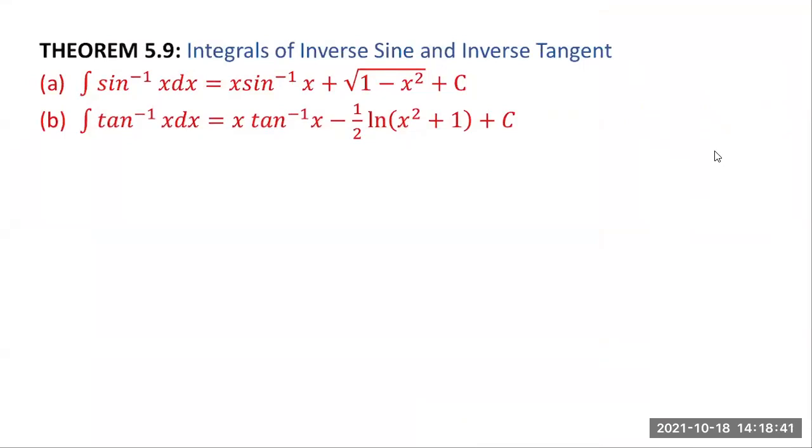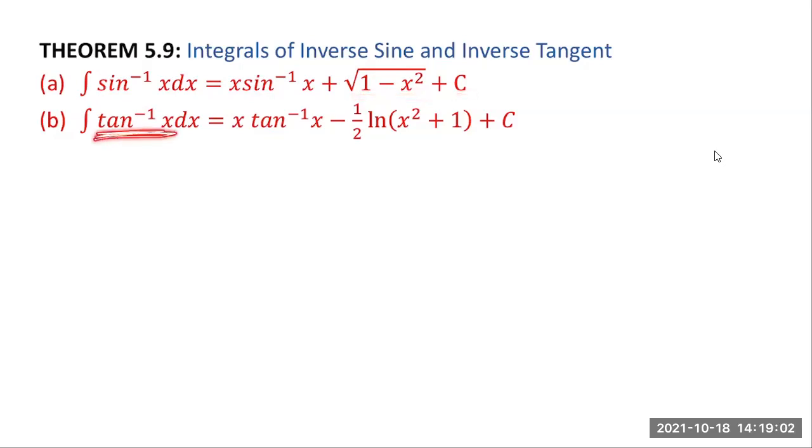Next, we have this theorem 5.9, integrals of inverse sine and inverse tangent. The indefinite integral of sine inverse x is equal to x sine inverse x plus square root of 1 minus x squared plus a constant.